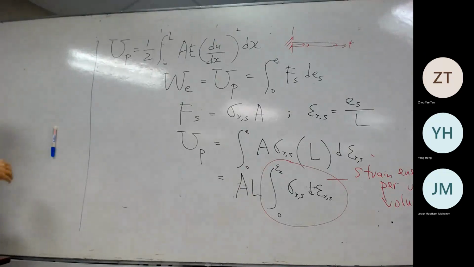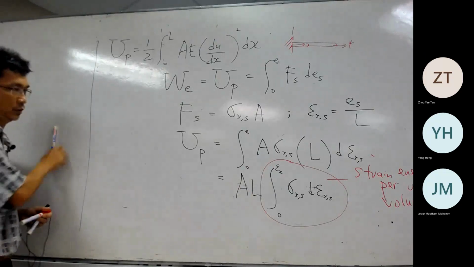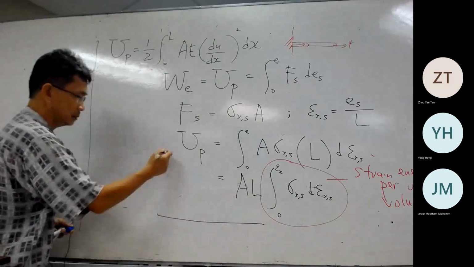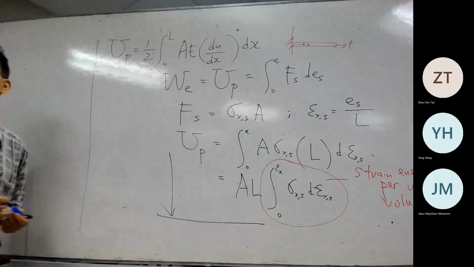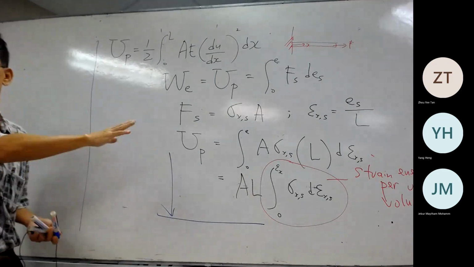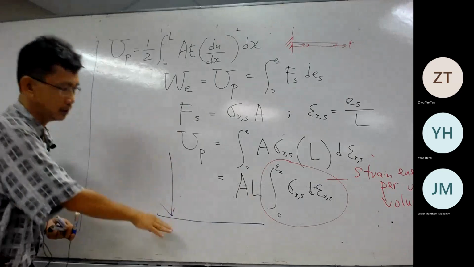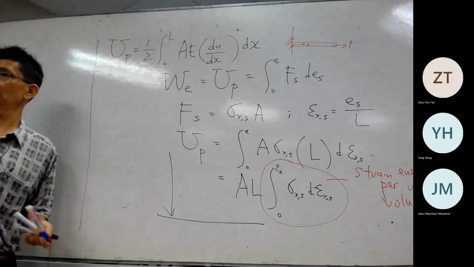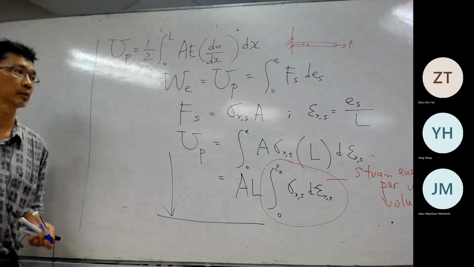So up until now, class, this has nothing to do with material properties. Material properties only come in if we see the symbol E, elastic modulus. It can be elastic, it can be non-linear elastic, it can be any kind of material.